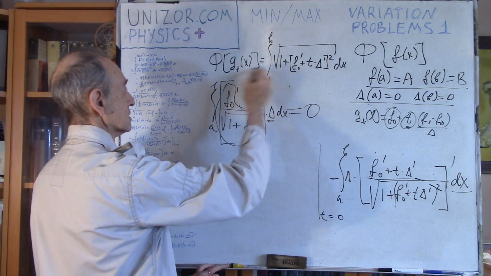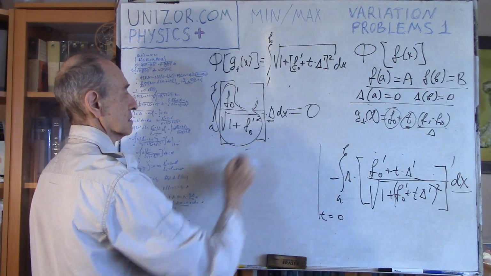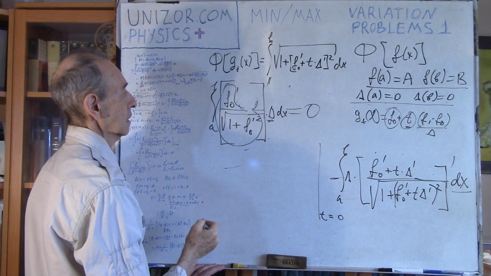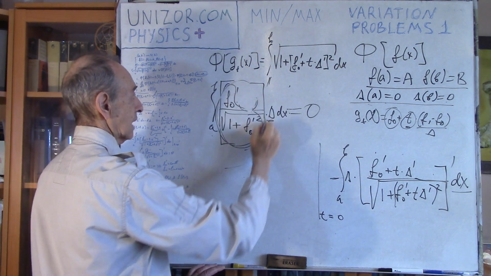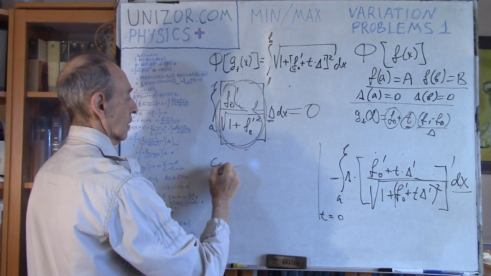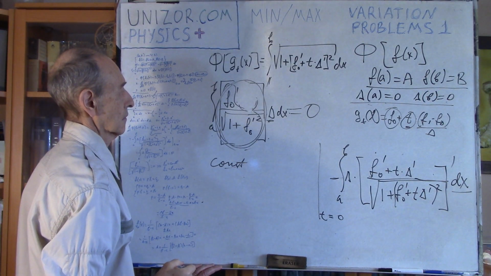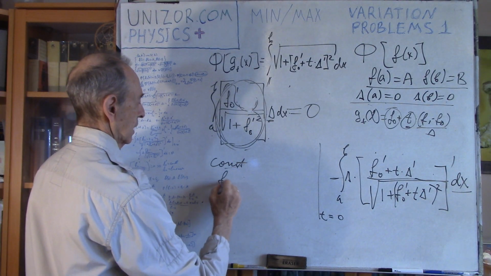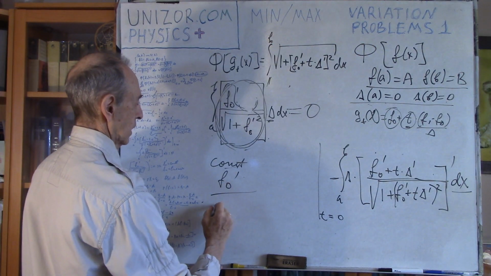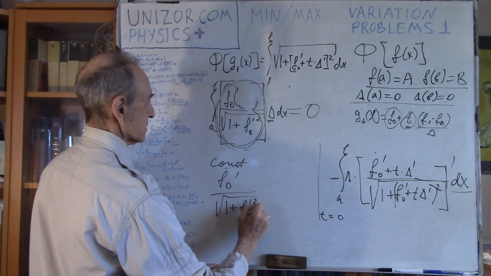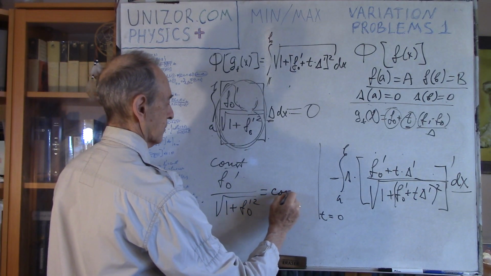Okay, which means this is supposed to be 0, and this is a derivative, which means whatever is under the derivative must be constant. Now, f0 prime divided by square root of 1 plus f0 prime square is constant.